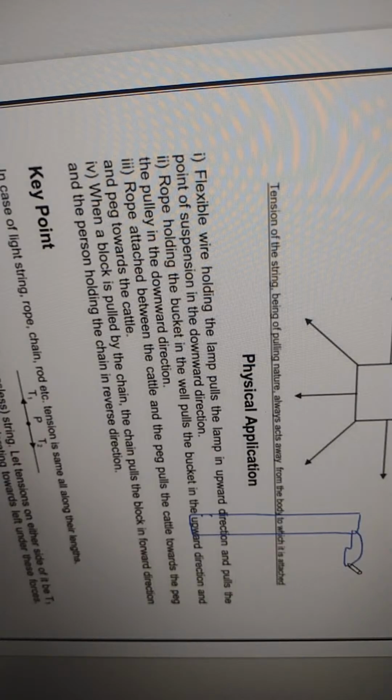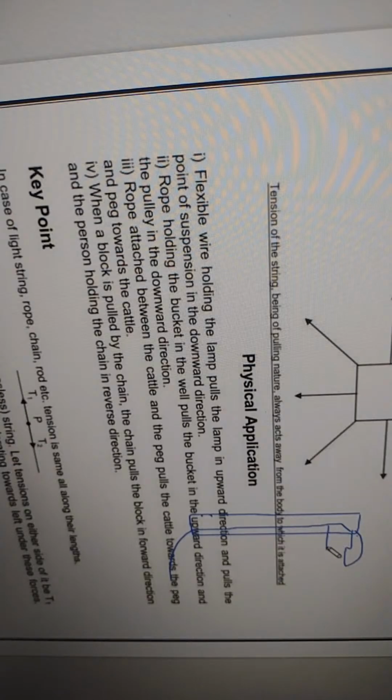This light is attached to the wires. It is suspended over the wires, and the wires are tightened.